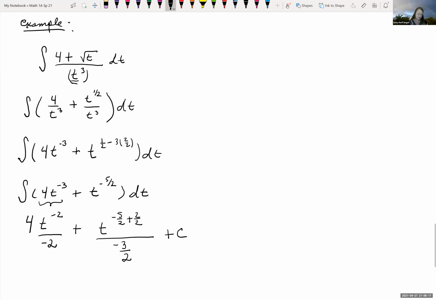So let's simplify this down and rewrite it. So notice I have a 4 and a -2. So 2 goes into 2 once, 2 goes into 4 twice. So right now, rewriting this first term, I have a -2, and I'm going to make this exponent positive by bringing it down to the denominator. So all over t squared.